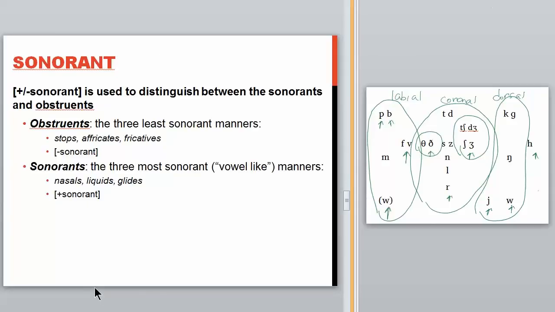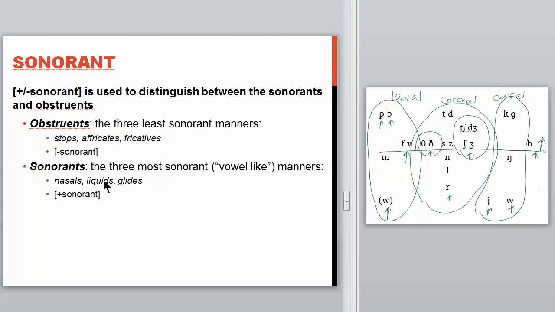Now, sonorant is a very common feature that splits the consonant chart into half. All right, so everything above this line is going to be an obstruent, so minus sonorant. So our stops, affricates, and fricatives are minus sonorant, whereas nasals, liquids, and glides are plus sonorant. Now, what sonorant means is basically free airflow, similar to a vowel.